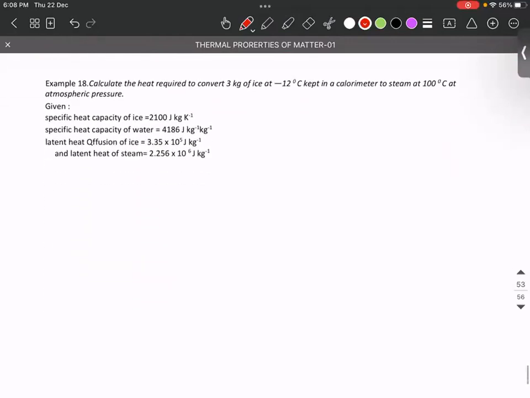Now the next question is the 18th one. Calculate the heat required to convert 3 kilogram of ice at minus 12 degrees Celsius kept in a calorimeter to steam at 100 degrees Celsius at atmospheric pressure.